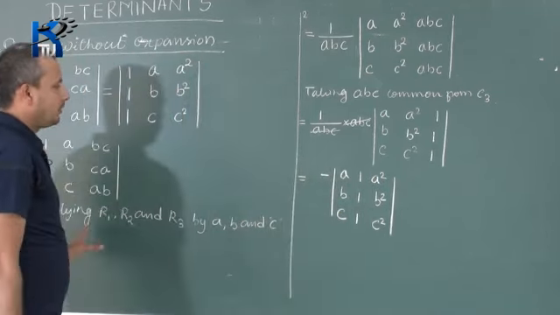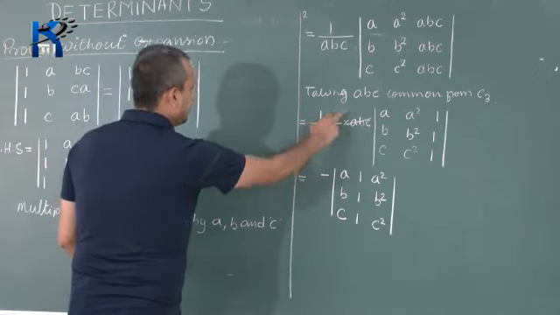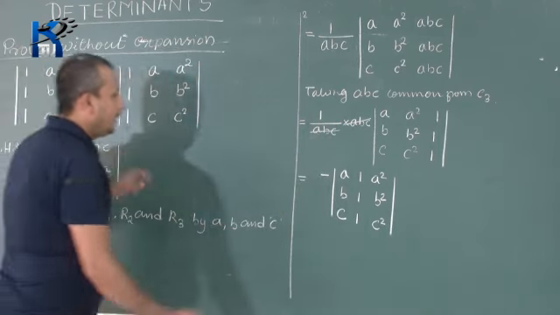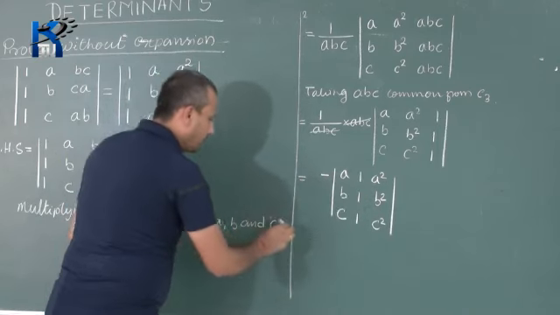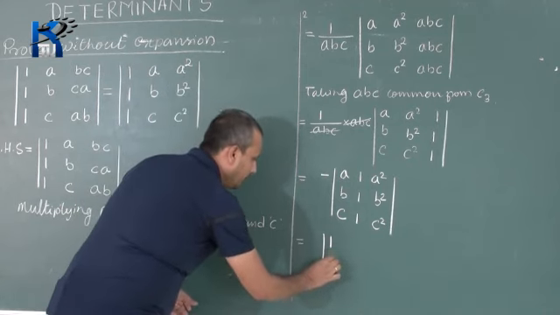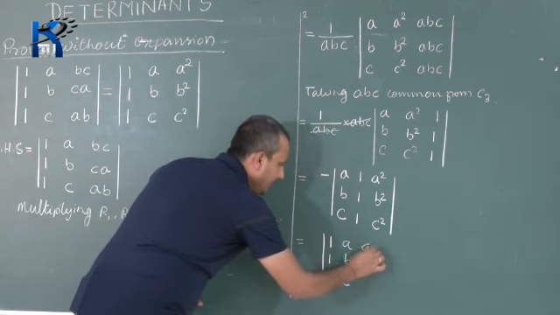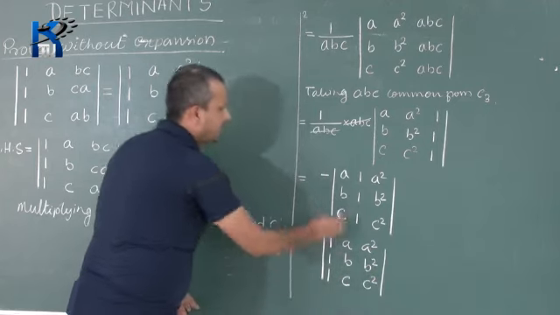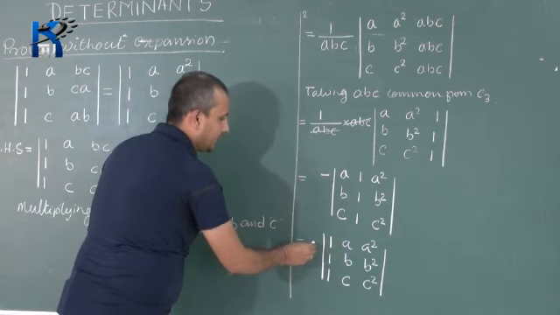If you interchange two columns, the value remains the same but the sign changes. Again, the 1 is in column 1, so I'll interchange these two: column 1 is replaced by column 2 and column 2 by column 1. Then it is 1, 1, 1, A, B, C, then A square, B square, C square. Now in this determinant it is negative; after interchanging, it will be positive. You have to change the sign.